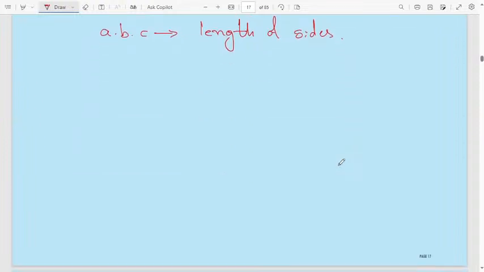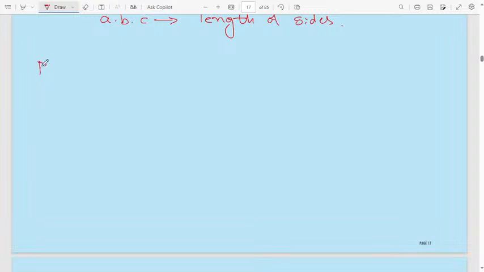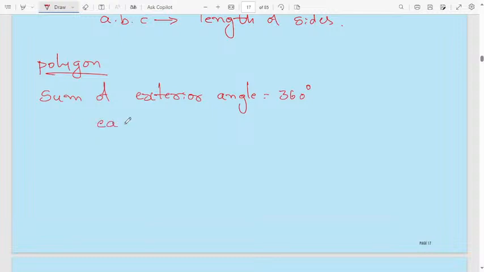Let us come to the case of a polygon. Which formulas will we use? In the case of a polygon, the sum of exterior angles is 360 degrees. Then each exterior angle, how can you calculate it? 360 degrees divided by n.